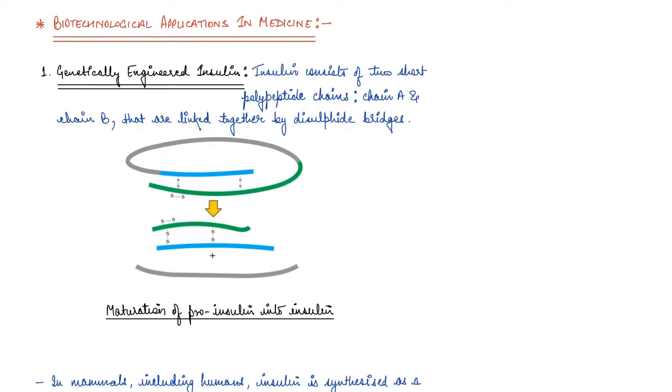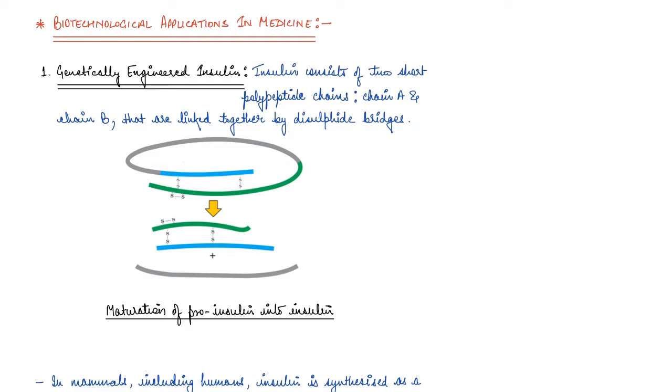So guys, in today's video, we are going to cover the very second topic of chapter 12 of class 12th, which is biotechnology and its application. In the last video, we went through biotechnological applications in agriculture, and we saw how it has greatly impacted the amount of produce and the quality.